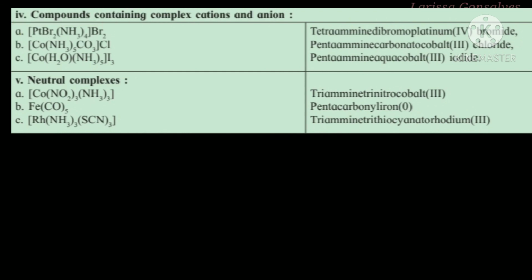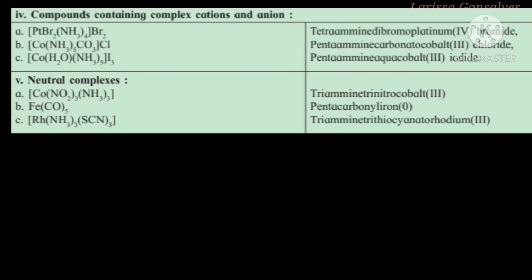Here we have 2 types of ligands, that is amine and bromo. So according to alphabetical order, amine will go first. So tetraaminedibromoplatinum, then the oxidation state of platinum is found to be 4, and the bromide which is present outside the coordination sphere is written as it is, that is bromide.